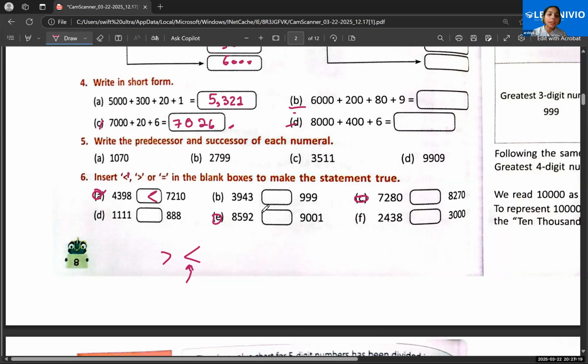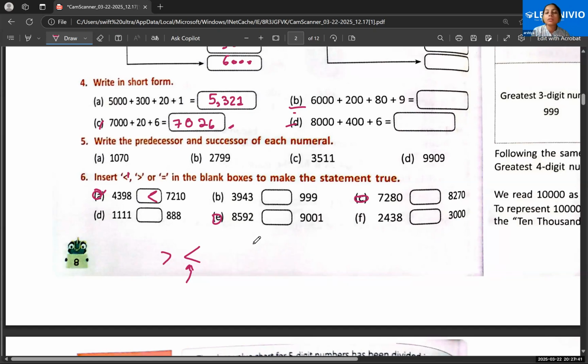Next, can you tell me part E? 8,592 is smallest. So which side should I open the mouth?